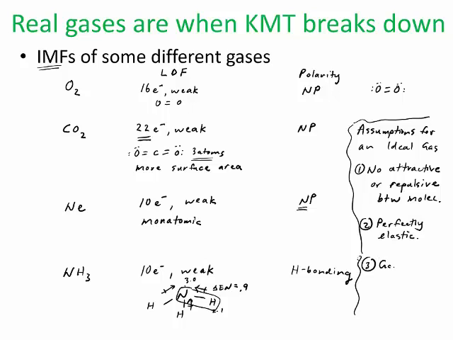Third, the gas molecules themselves have no volume relative to their container. Atoms and molecules are so tiny that compared to a can they might be in, the actual molecule itself is insignificant.